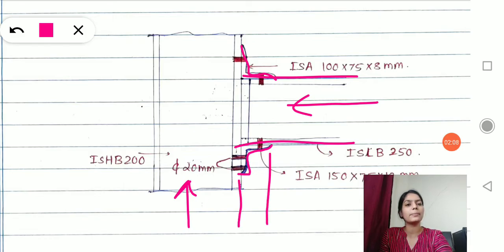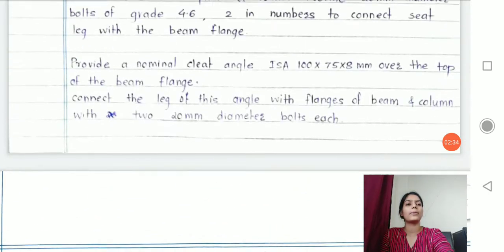If I am providing a plate over here and that plate is helping our seat angle to transfer the load, then that type of connection is called a stiffened seat connection. But today I am discussing only the seat connection where a single angle is provided to transfer the load at that joint. Okay, let's go for the problem statement.